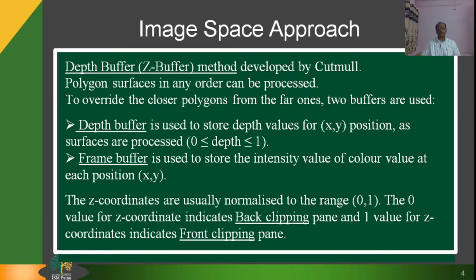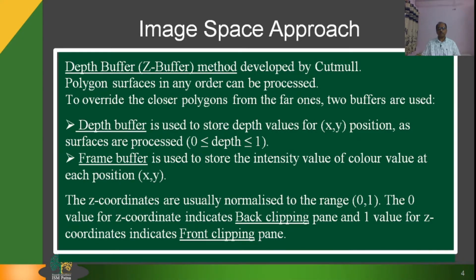The depth buffer is used to store the depth value for coordinates x and y, and surfaces are processed with depth between 0 and 1, whereas the frame buffer is used to store the intensity or color value at each pixel position. The Z coordinates are usually normalized to the range 0 to 1.